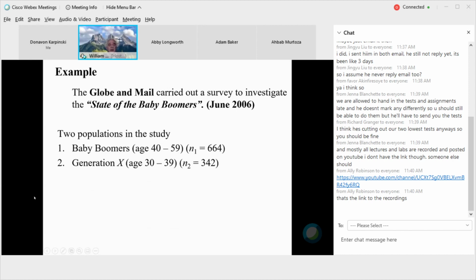And then there was Generation X. Generation X are people who weren't children of the baby boomers. The children of the baby boomers are called the Echo generation. Generation X were people who were not children of the baby boomers. There were 342 of those.